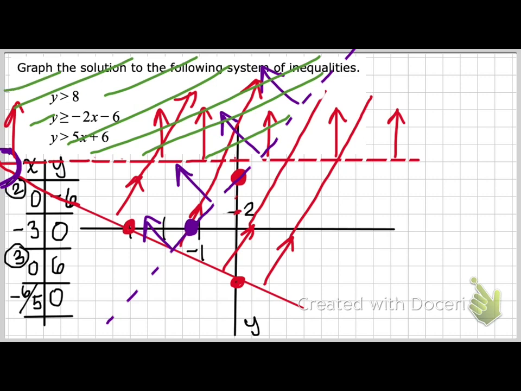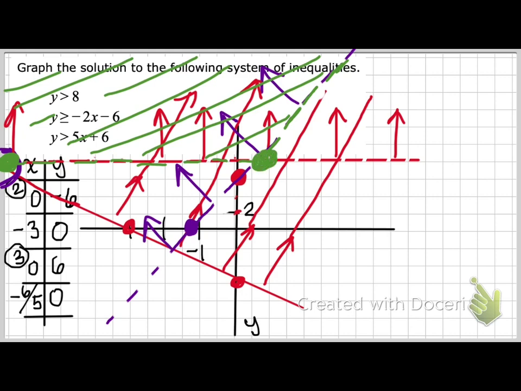And then it's along this edge here, that dashed edge there, and this dashed edge here. And there's this corner, called a corner point, out here. There's a corner point there.